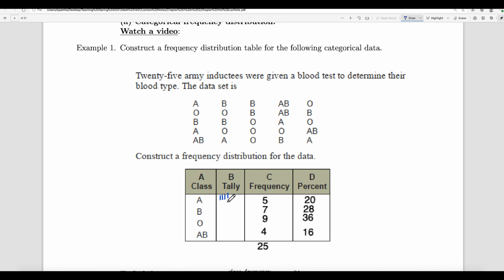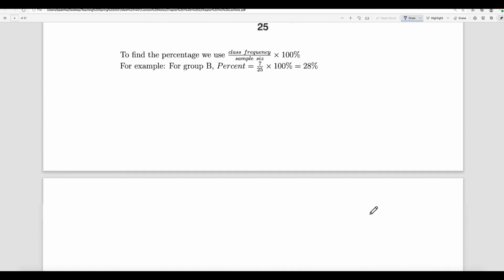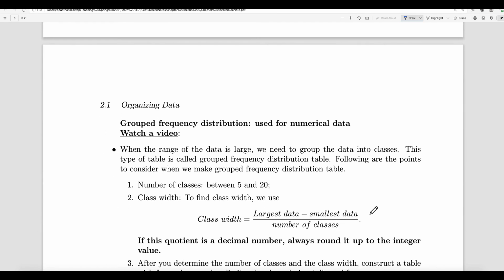And there are 5, meaning you write like this, and then so on. And in the third column, you write the number for those tallies. And on the fourth, we write the percentage, that is the frequency divided by the total frequency times 100%. So that's how we organize categorical data in a frequency distribution table.